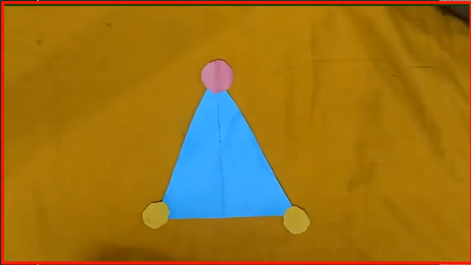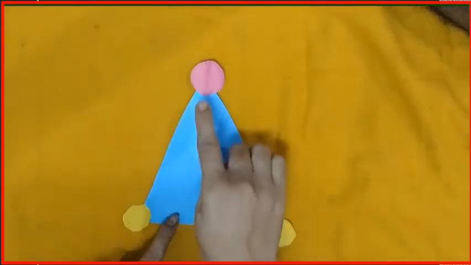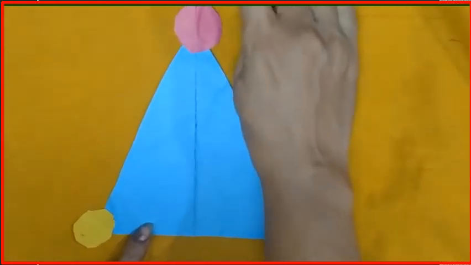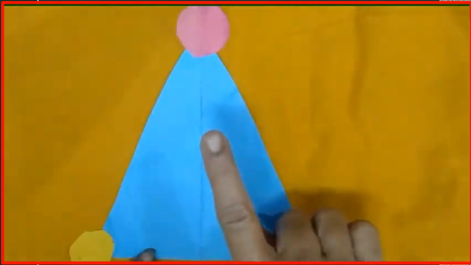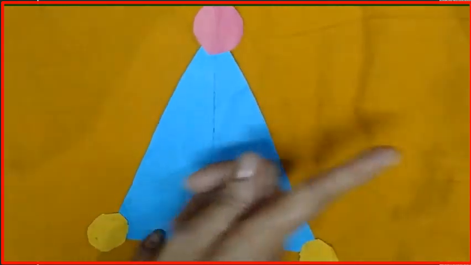Now second shape, this triangle. This triangle, the pointed part points upwards. 1/4 turn towards right means the pointed part will now point this side like this.